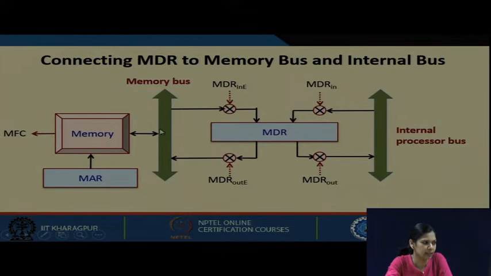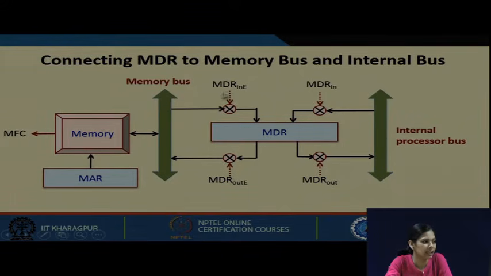As MDR is also connected to an external memory bus, we require 2 more signals. What are the 2 more signals? MDR in E, MDR out E. E stands for external.